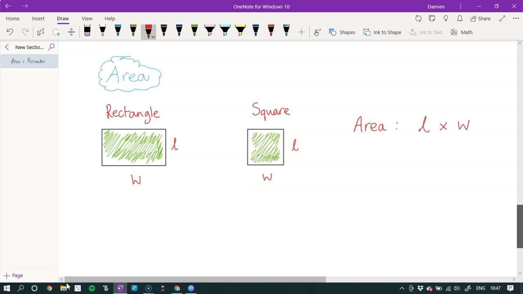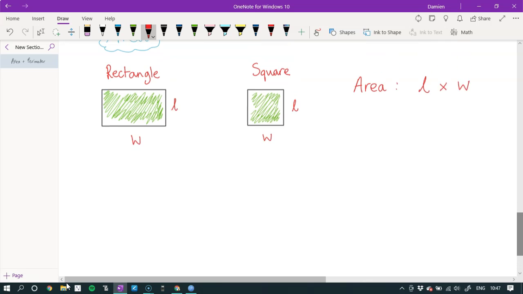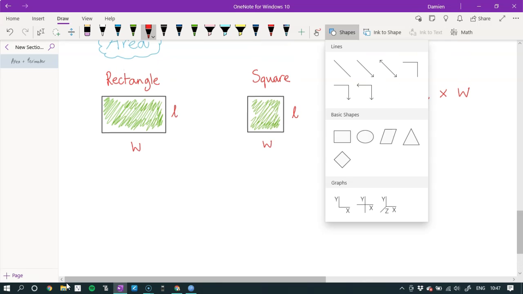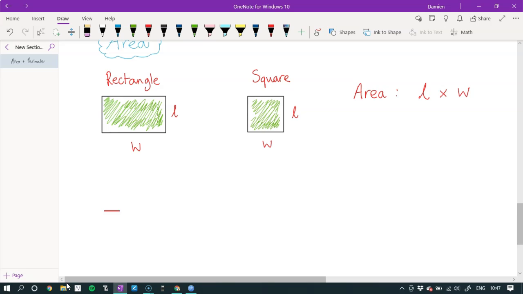So let's take a couple of simple examples. Let's say we take something like this, a rectangle, and we'll give it some numbers. Let's say the pitch is, I don't know, 20 meters long. And then the pitch is going to be 10 meters wide.